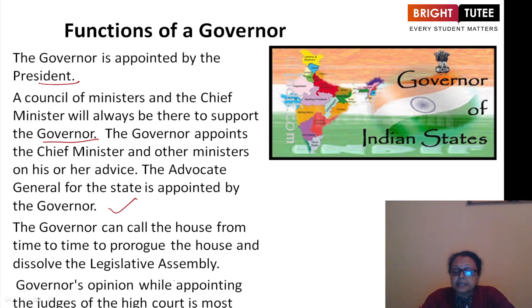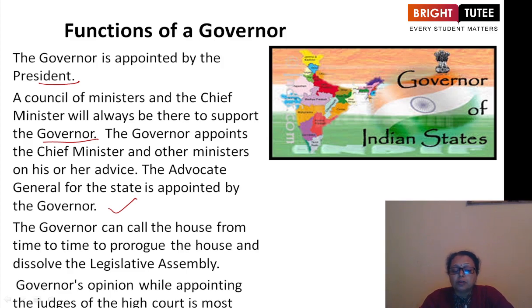The governor addresses the legislative assembly or sends a message to the house. The governor also has the power to pass or reject a bill passed by the legislative assembly. Then he or she lays down the statement of the estimated expenditure, and only the governor has the right to give the grants.